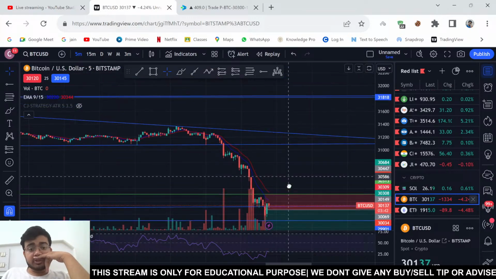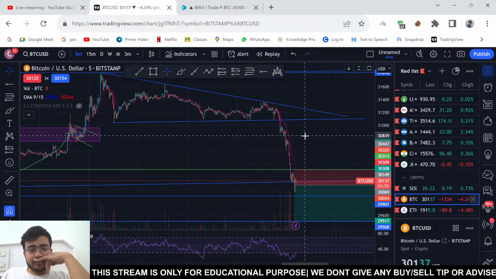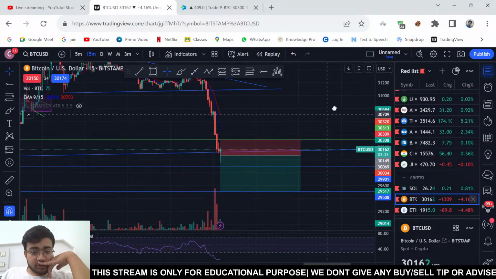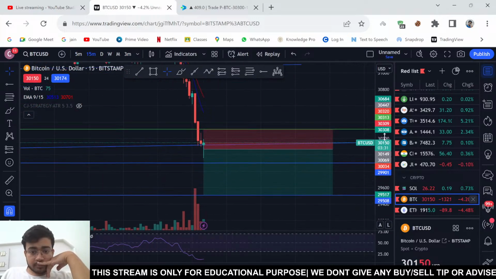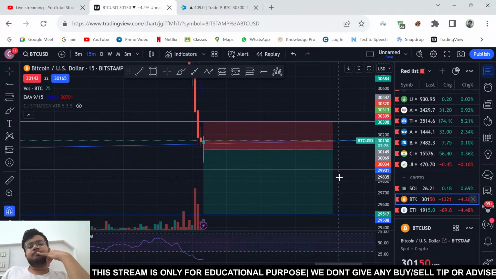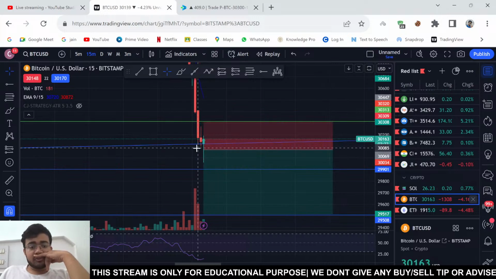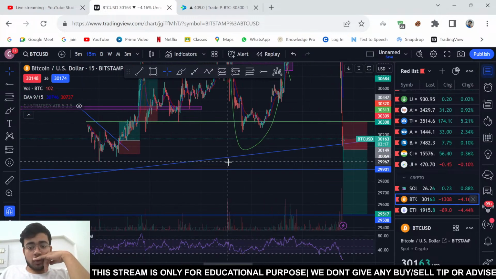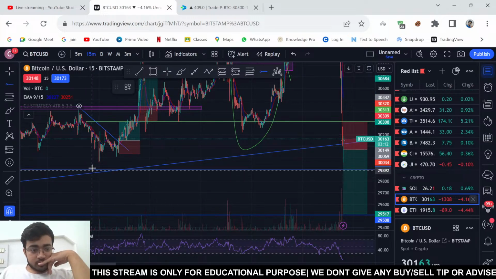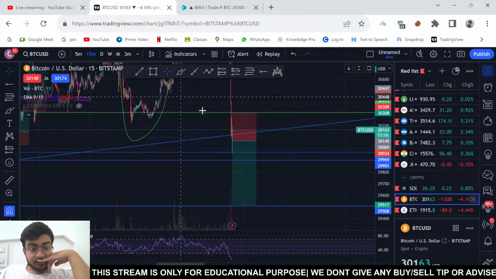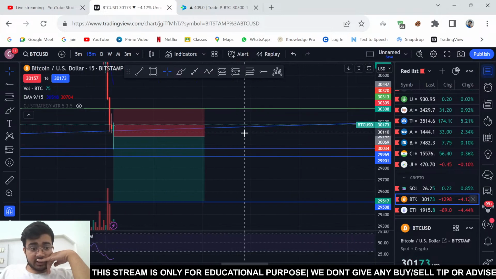Just waiting for anything to happen, honestly, because I don't see a big move coming anytime soon. The 15-minute time frame is indicating a bad signal for me, honestly, because right off this level, it is going back, which is a really bad signal.